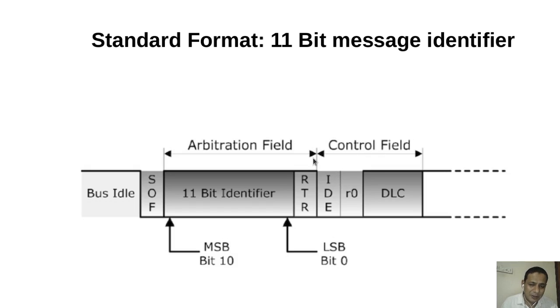That is, if you are using the extended format, after this our arbitration field will come again. So the IDE will come in the arbitration field in the case of the extended format. After this IDE, if it is the extended format, the next 18-bit part will come, then the control field will come.